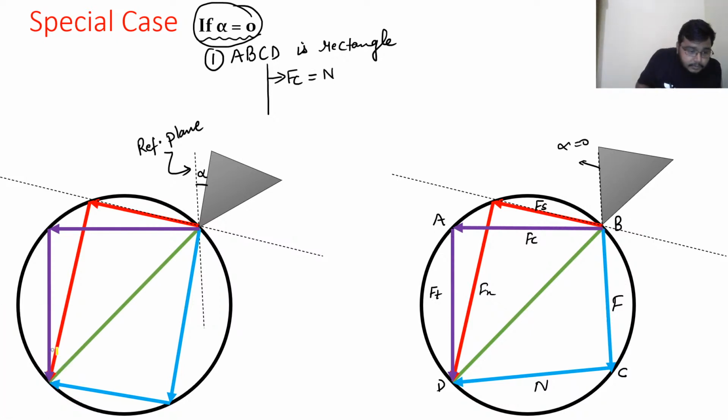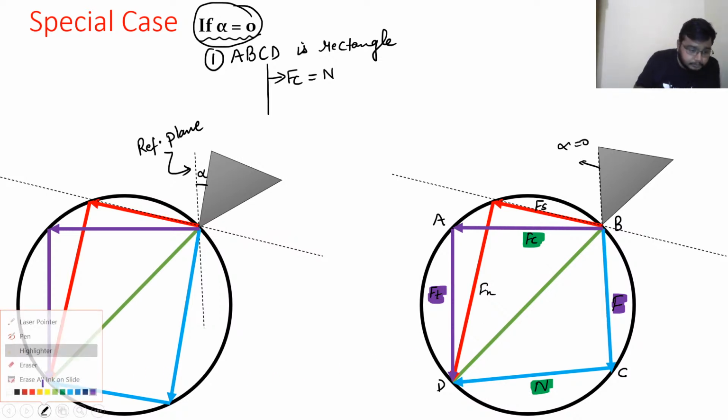See, this is your FC. FC is going to equal to N, and this is your FT. FT is going to be equal to F. Clear?